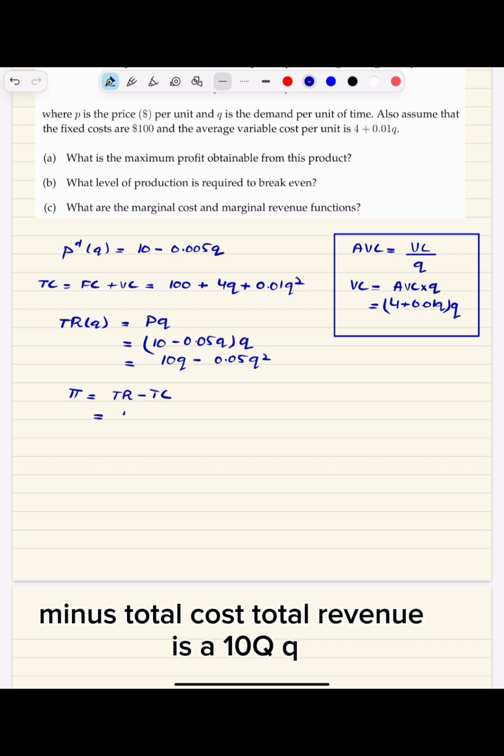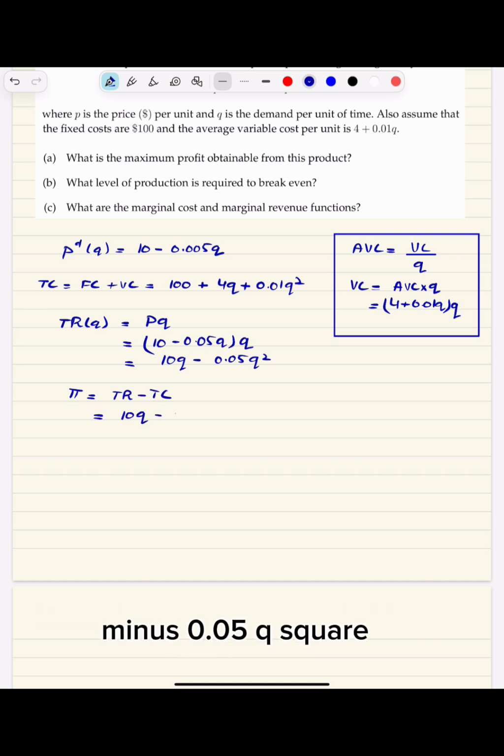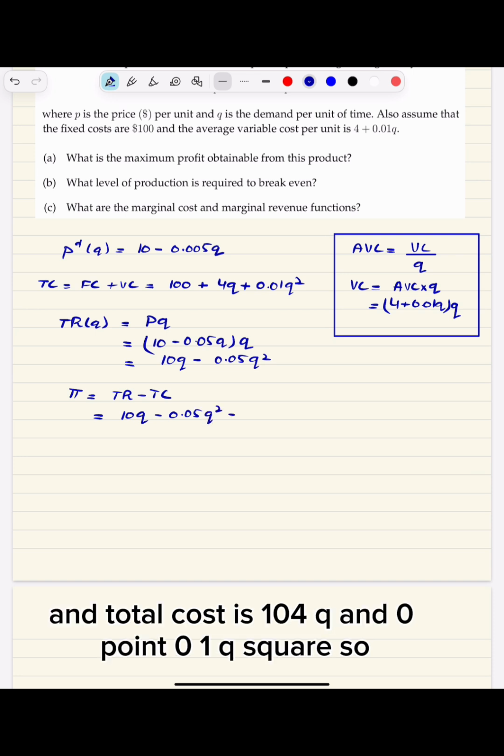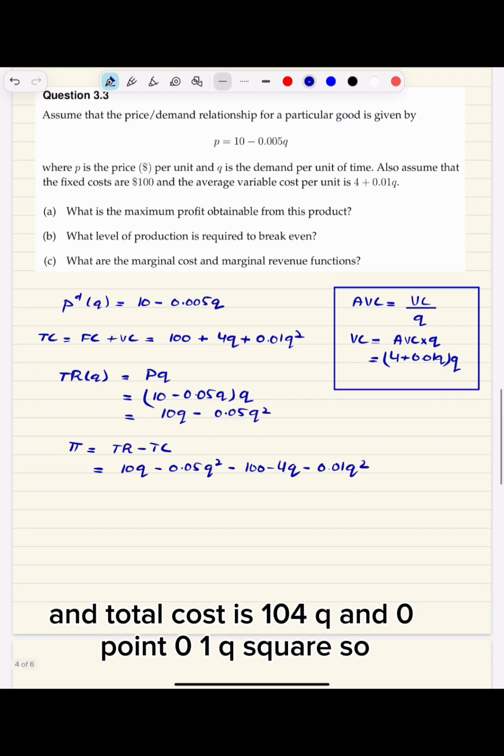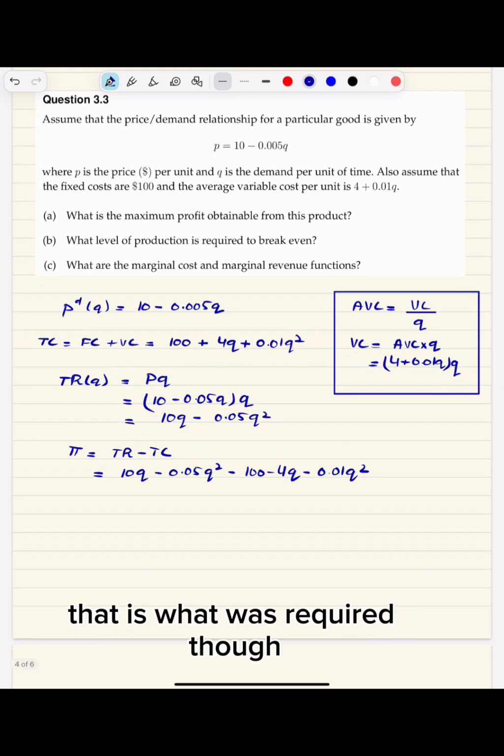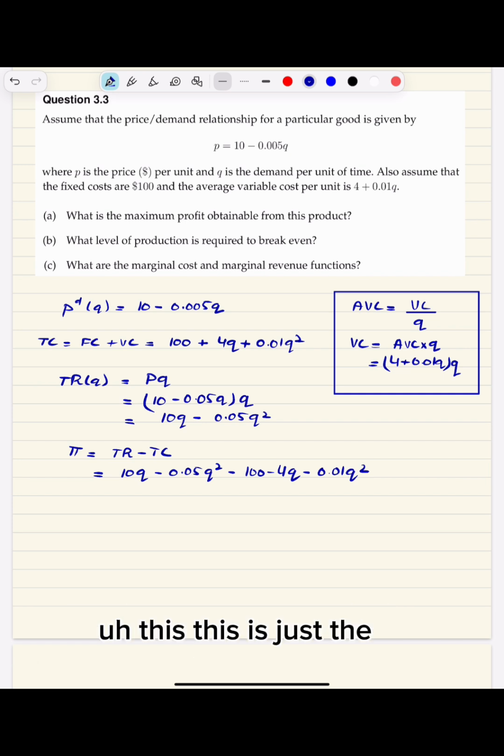Total revenue is 10Q minus 0.05Q squared, and total cost is 100 plus 4Q plus 0.01Q squared. So that is what was required. Though this is just the profit.